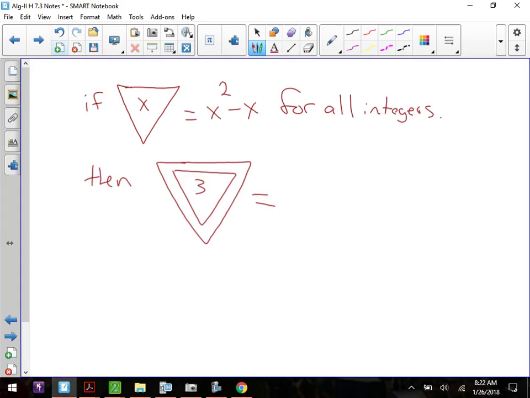A triangle of x equals x squared minus x. So triangle of 3 is what?